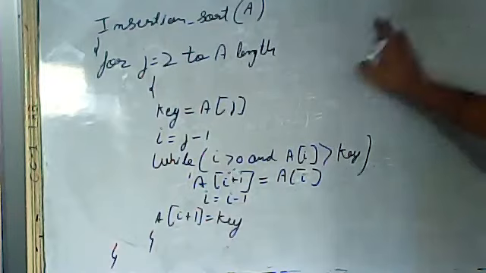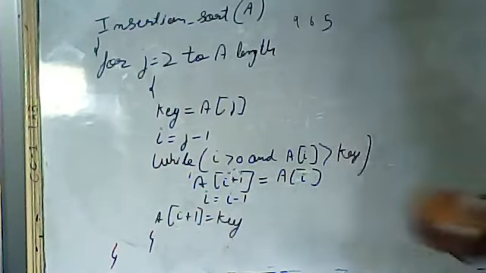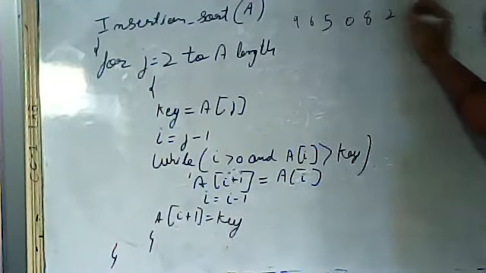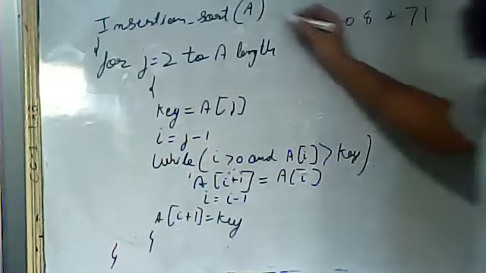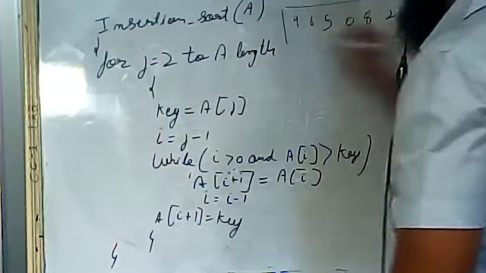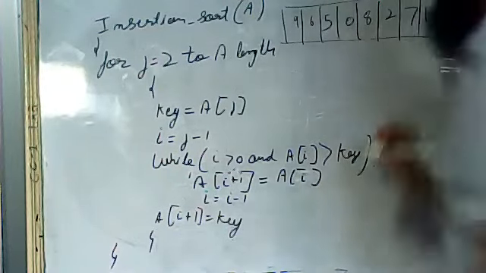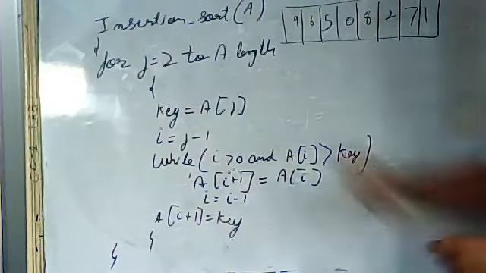We'll write them like this. These are the elements. Let's add one more element, 1. So let me tell you how to run this algorithm on this example. As you can see from the board, this is our algorithm.